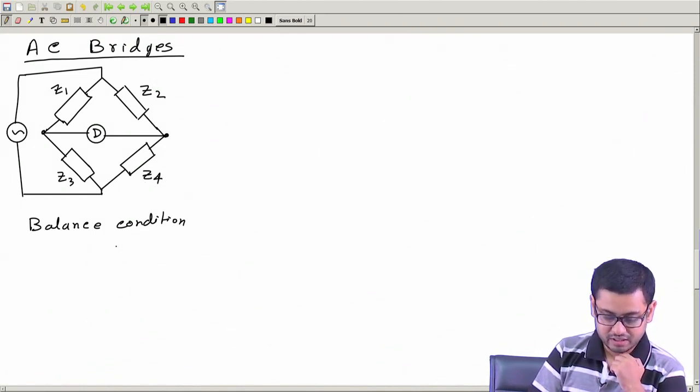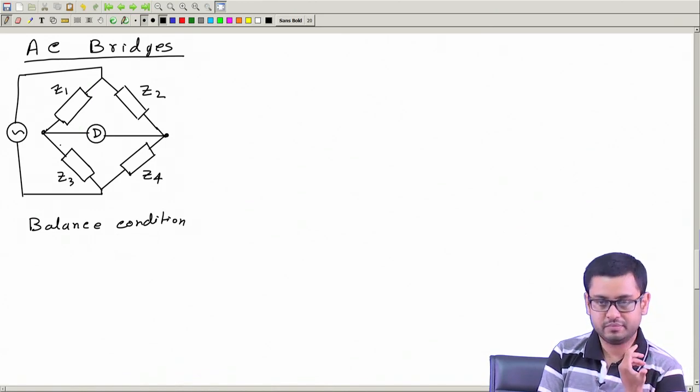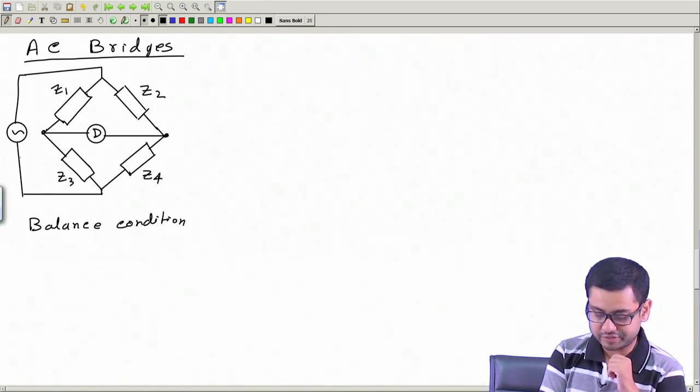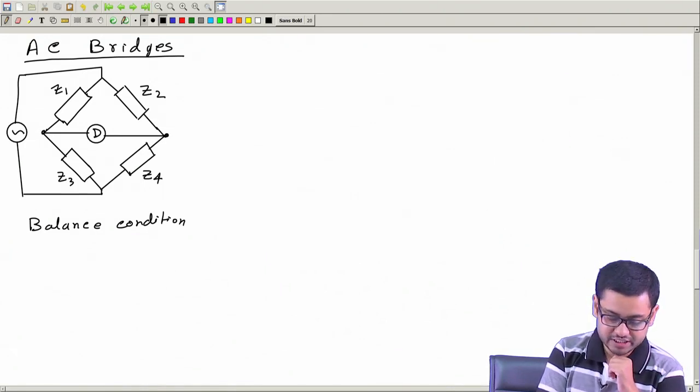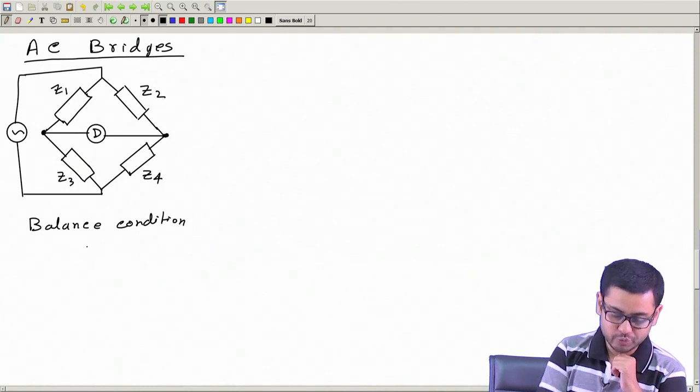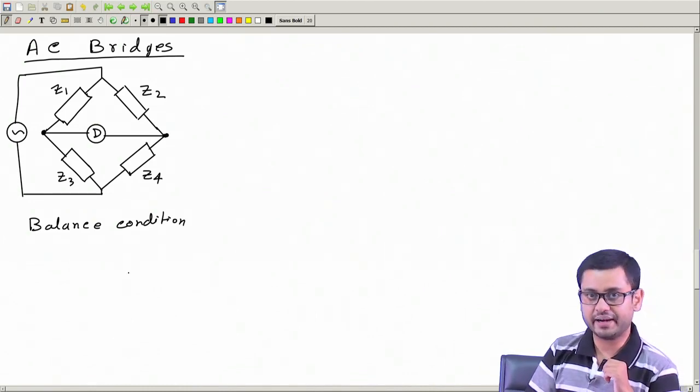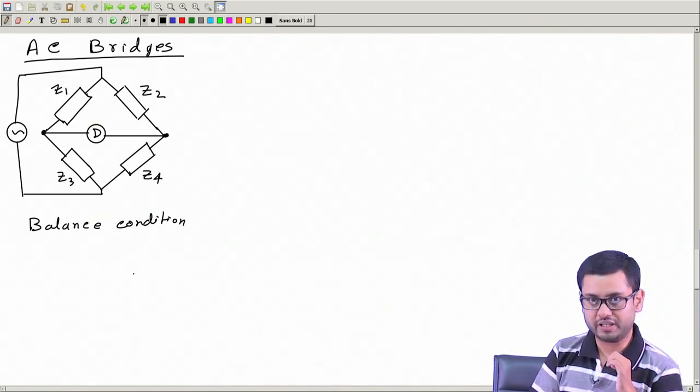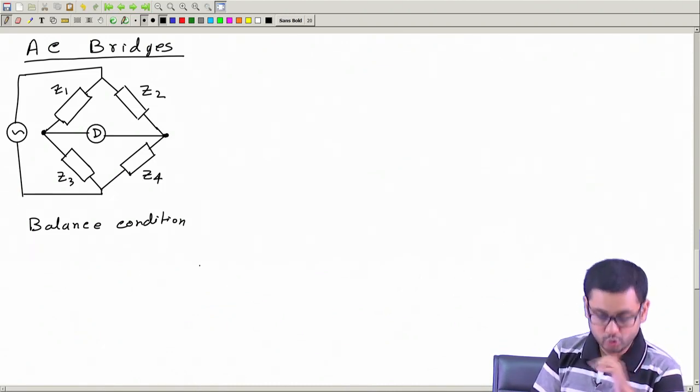In case of DC, there is no phase associated with voltage, but now we are talking about AC voltages. So, we need the magnitude and phase of these 2 voltages to be exactly the same, assuming this is a pure sinusoidal AC supply and all voltages and currents are purely sinusoidal with the same frequency, no harmonics present.